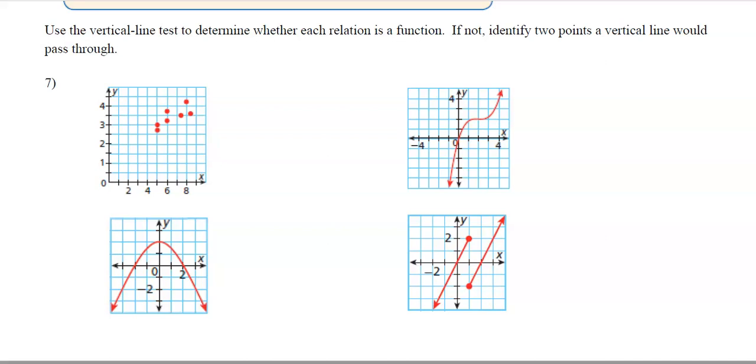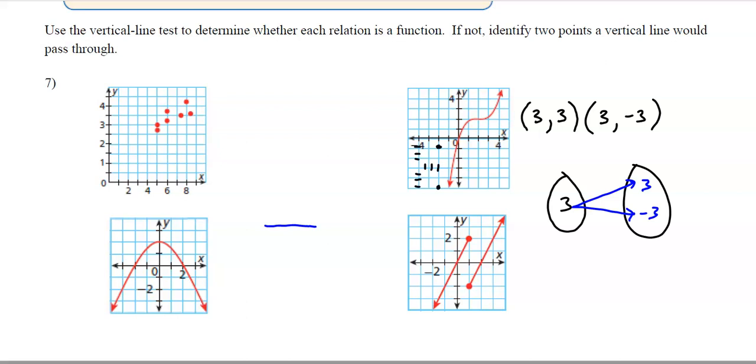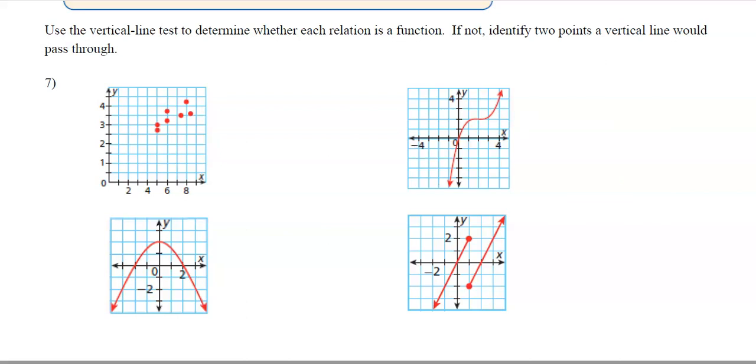So it says use a vertical line test to determine whether each relation is a function. If not, identify the 2 points where the vertical line would pass through. So let's go through these. Looking at this first one, right away I see a problem. I see an issue right here where I just hit 2 dots with a vertical line. And that occurred at x equals 5.